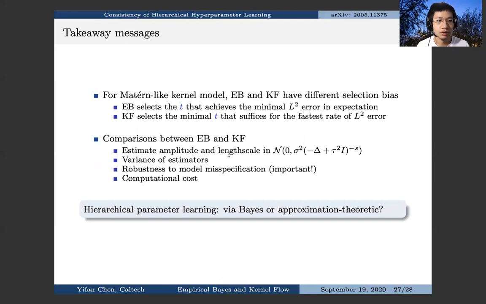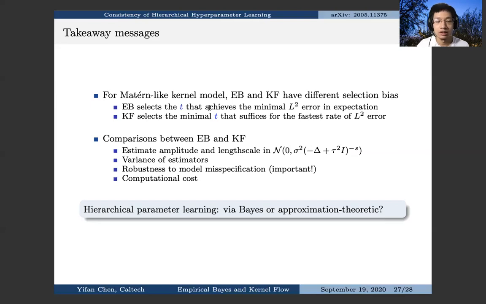Okay, that is pretty much the whole thing about this work that I want to talk about here. And here are some takeaway messages. First, theoretically, for the Matern kernel model, we can prove the consistency of EB and KF rigorously in the large data limit, and they have very different selection bias.